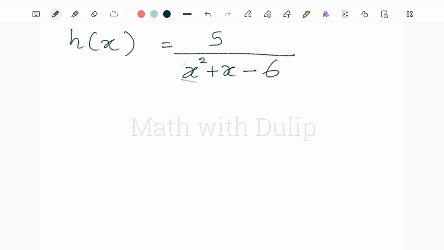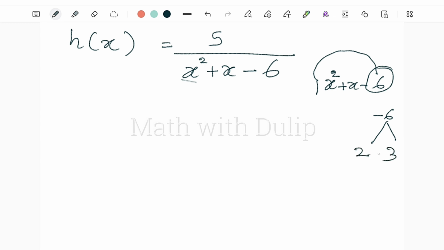We need to factorize x squared plus x minus 6. 1 times negative 6 is negative 6, and the factors of negative 6 are 2 and 3. When you add those two factors you should get the x coefficient, and when you multiply you should get the constant. So 2 should be negative and 3 should be positive.